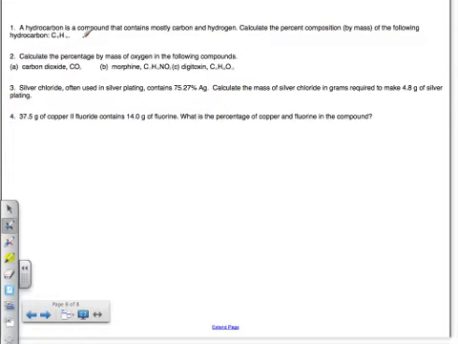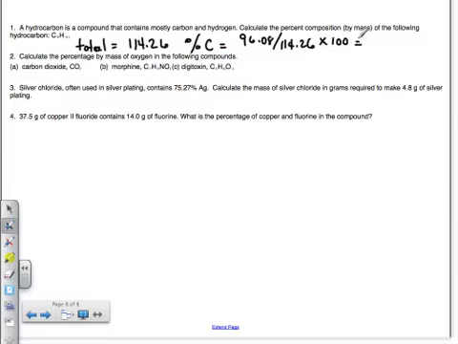And when I add up the carbon and the hydrogen part, the total is 114.26. All right, so the percent of carbon is the carbon part, which is 8 times your 12.01 for carbon. So I've got 96.08 divided by the 114.26 times 100 to get the percentage of carbon.